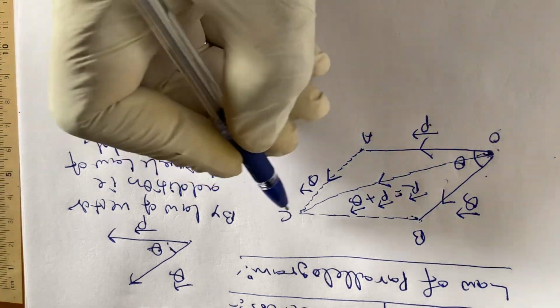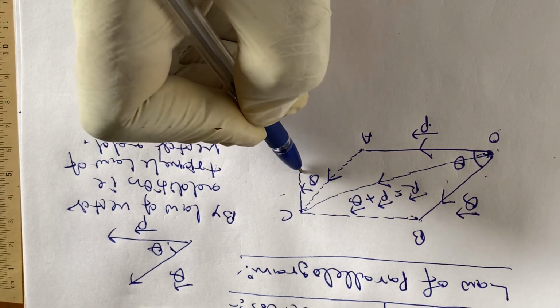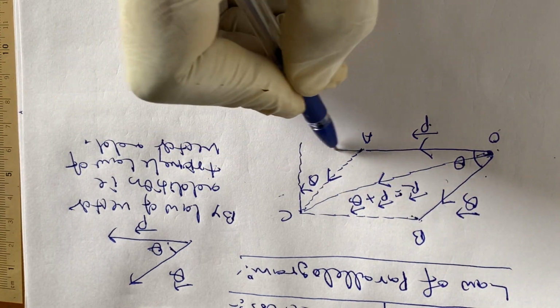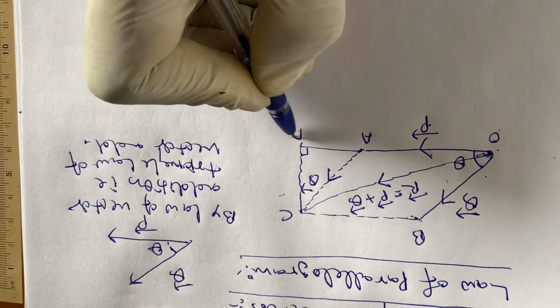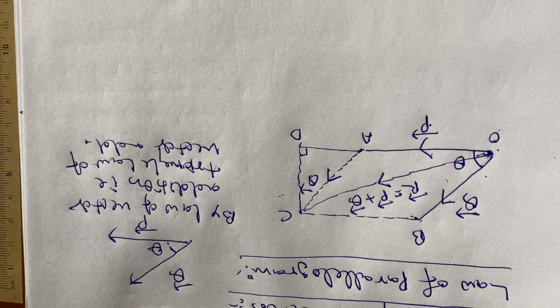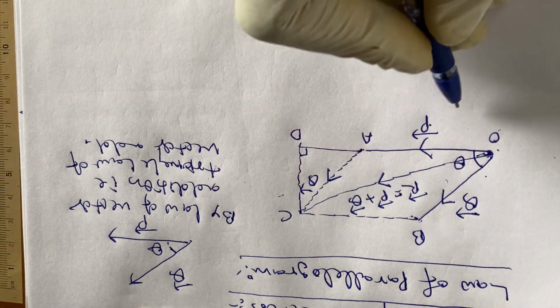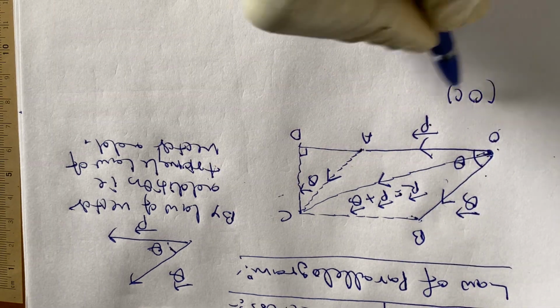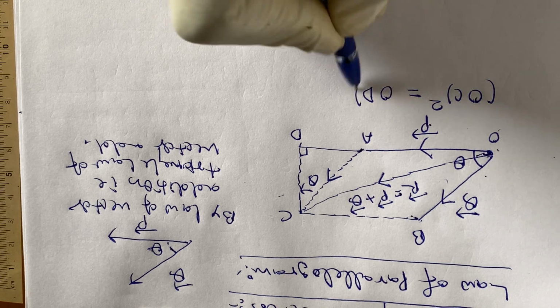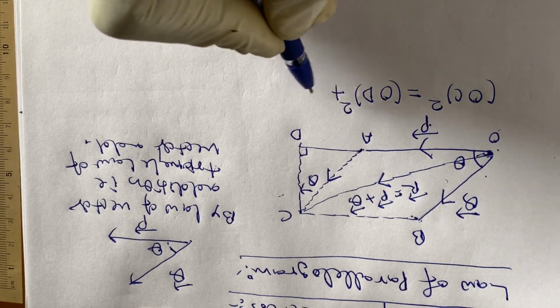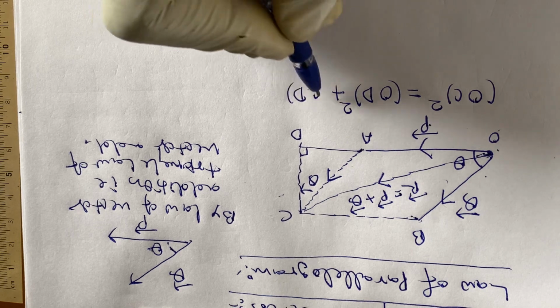For that you can drop a perpendicular and produce this line. Drop a perpendicular, let's call this line CD. We want OC, so you can see that by the Pythagoras law, OC square is equal to OD square plus CD square.